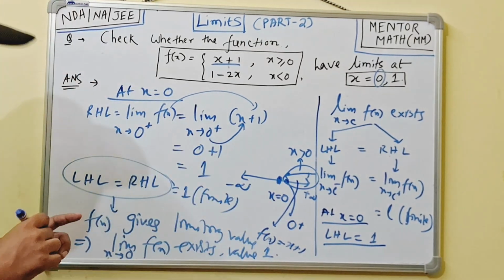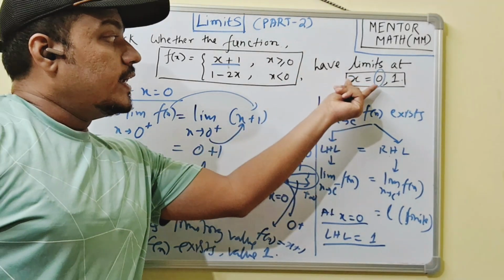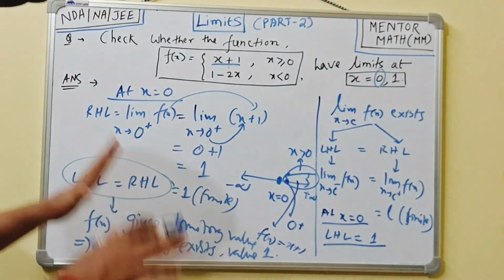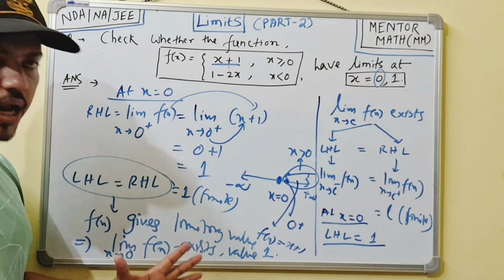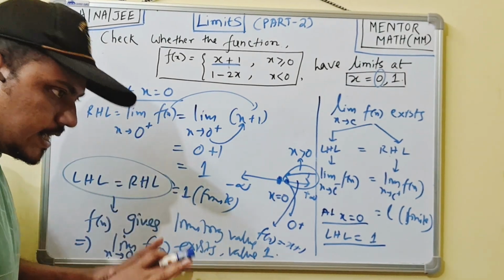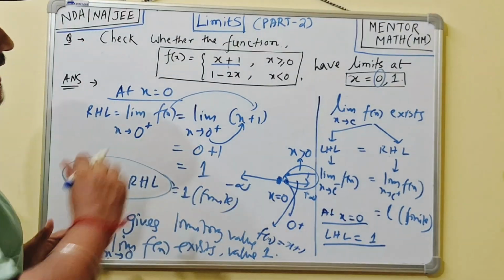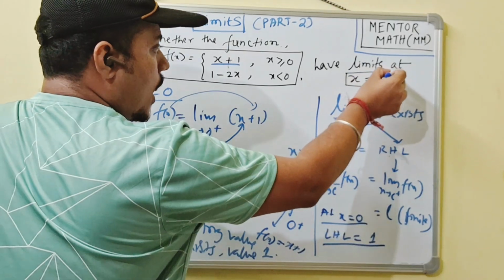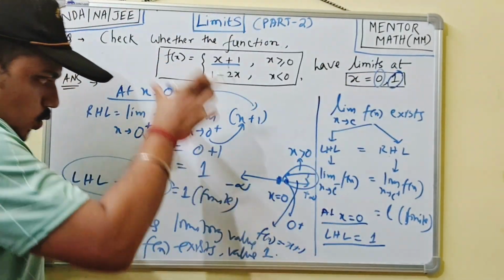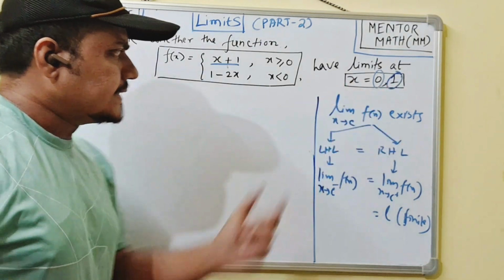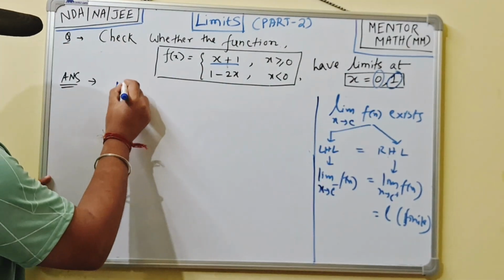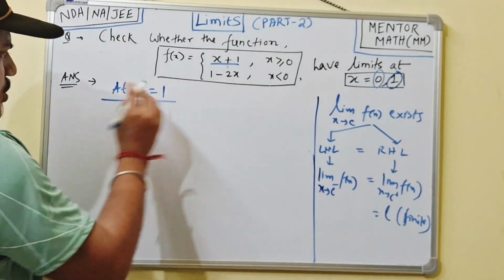Now your job is done for x equal to 0: the left limit is equal to the right limit, the value is 1, so the limit exists. One thing is remaining: you again have to check one more point. Copy please. Now we have to check the point x equal to 1.